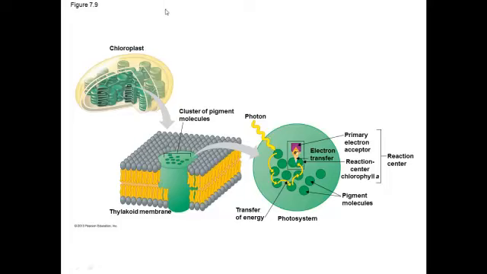That's sort of what's happening here, is this photon is energy. It's like the cue ball coming in, and this energy gets bounced around until eventually somebody bounces into the reaction center, which is a special location on the pigment molecule that then loses an electron to a primary electron acceptor.